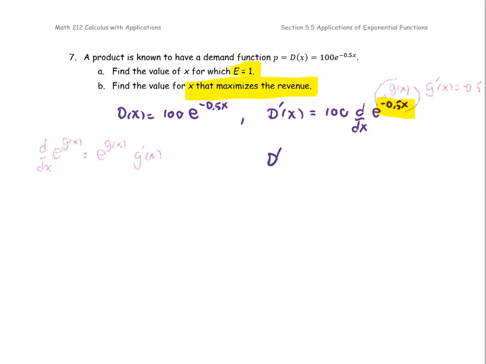Now we get D prime of x as 100 multiplied by e to the negative 0.5x multiplied by negative 0.5. Simplify the numbers to be negative 50 times e to the negative 0.5x as D prime of x.